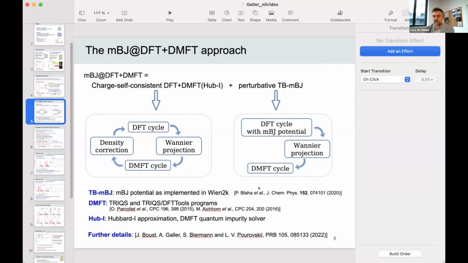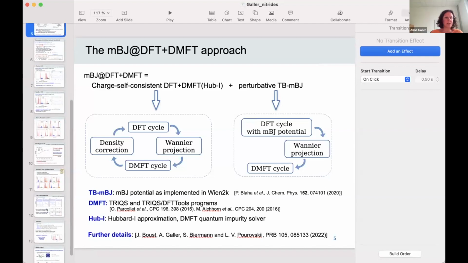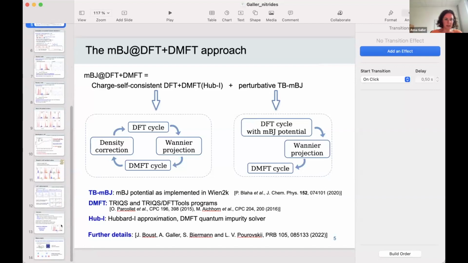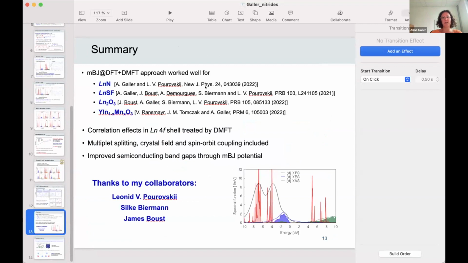It should be also the same with hybrid functionals. And at least for the materials that we have studied here, this MBJ potential gave reasonably good results for the gaps. At least much better than LDA, right? Sure. So for practical reasons, I would say it's a good choice. Okay, thanks a lot.